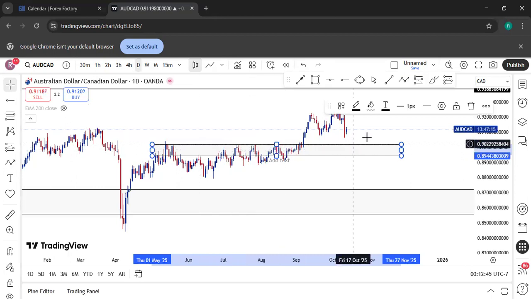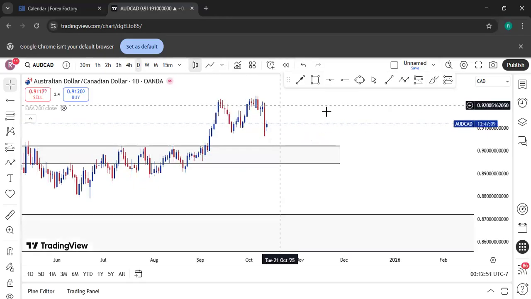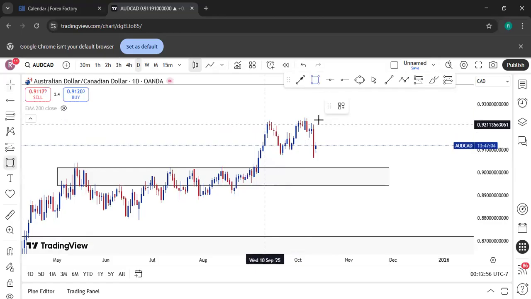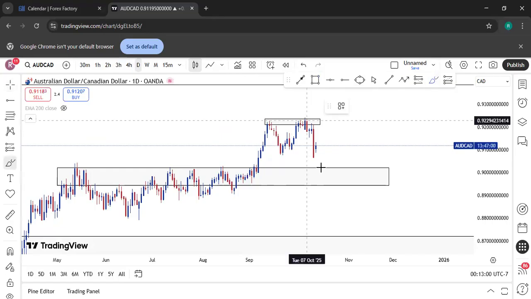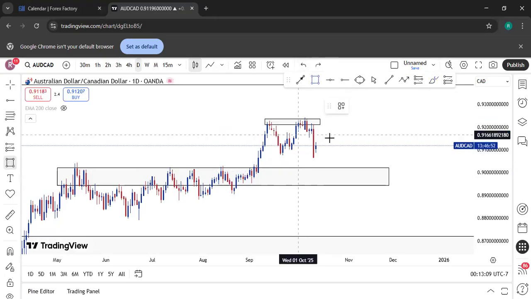But looking closely at the most recent price action, we can see clearly that price tapped into this area of resistance and made this push to the downside. Now, this impulsive break to the downside also caused a break of this structure point here.